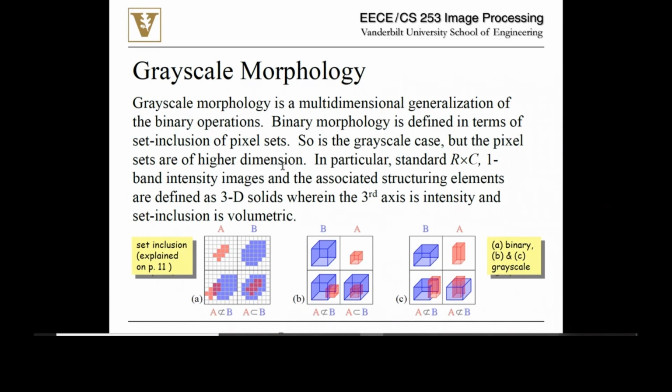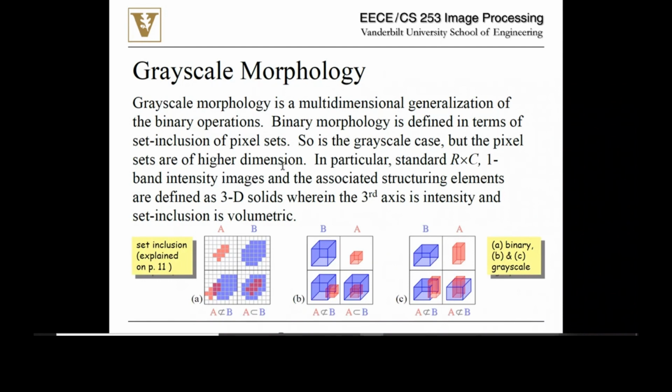But now we will add an extra dimension, that is the grayscale. So now our sets, instead of being just a set of locations, are a set of locations in the XY plane, plus some height that describes the gray value. And we will get more into the details there.